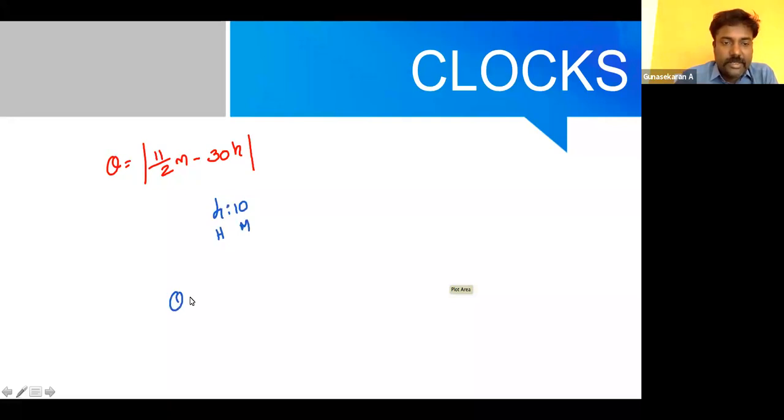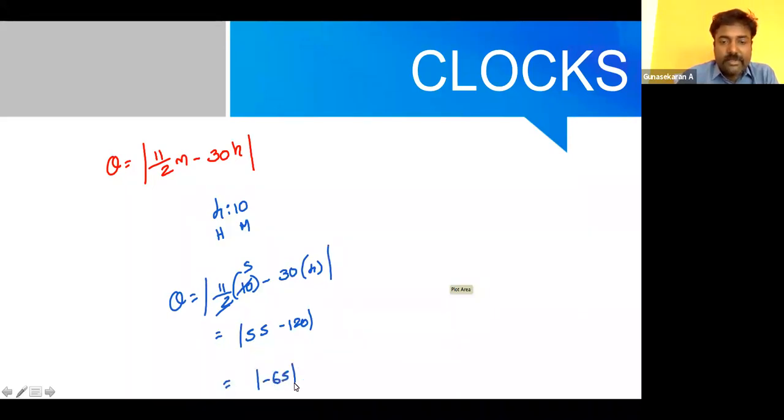Understand? Apply it here. 11 by 2 m minus 30 h. 55 minus 120, modulus. So it is minus 65. This will become 65. Clear?